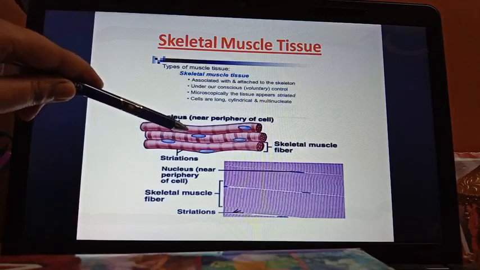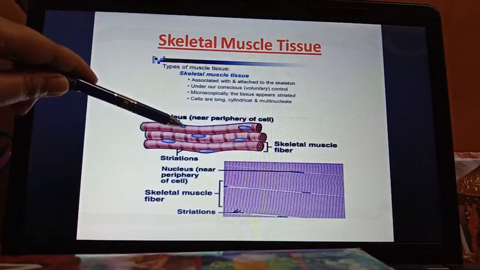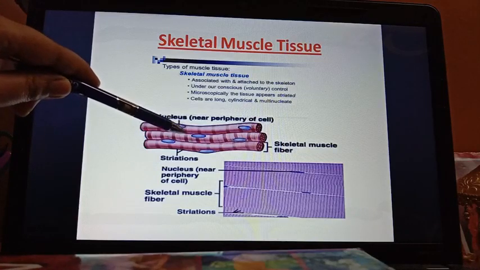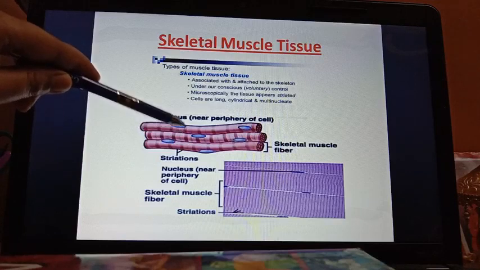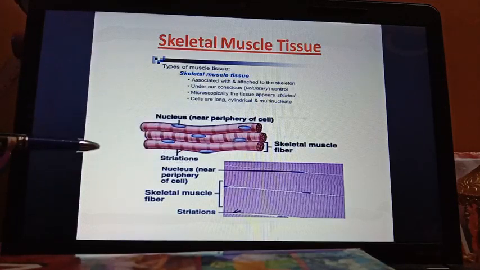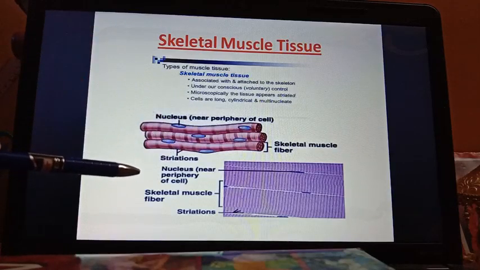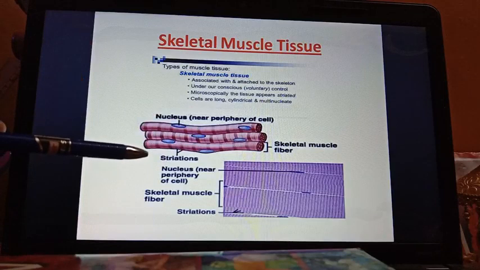You can see here this is the dark band, next one is the light band. So light and dark bands are present in a transverse way. This is called striations. And as these striations are present in this muscle tissue, this is also known as striated muscle tissue.